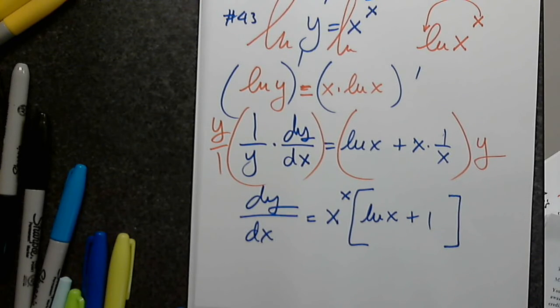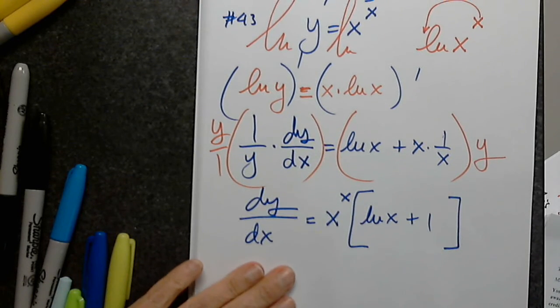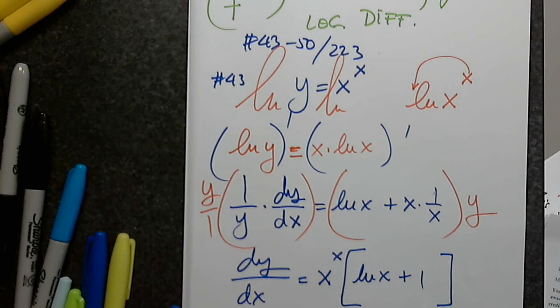Better? If you leave y, is that wrong? No, it's not, but very good question. But when I present dy over dx, I have to have an expression in x, unless I don't have y. If I don't have y, then I will have to keep it as y, like the implicit differentiation.